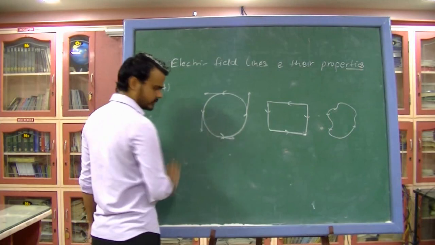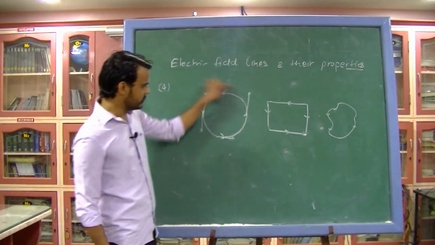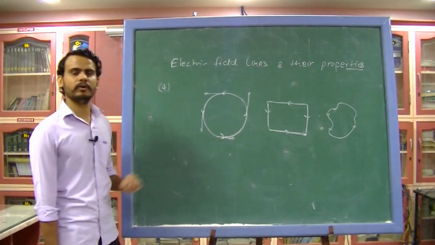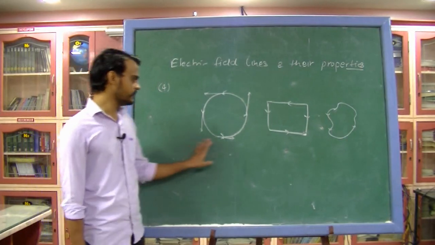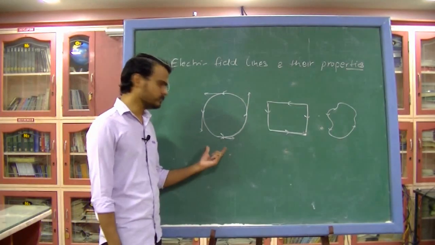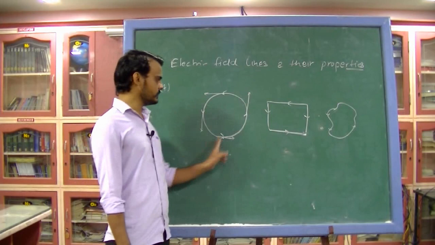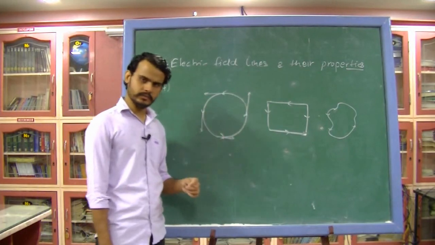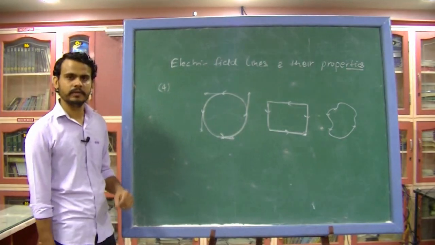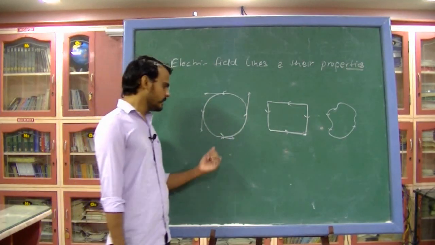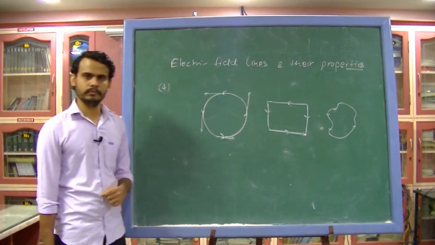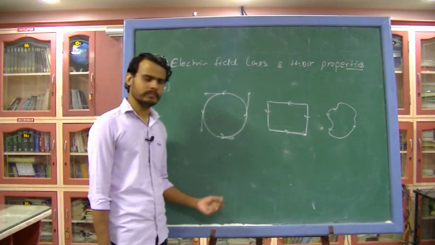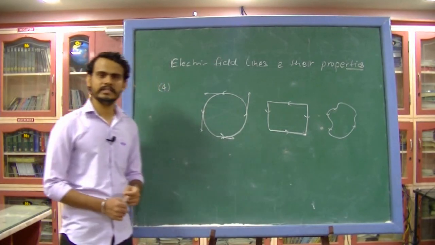And when you reach here, if you calculate, the total work done will not come out to be 0. So if electric field lines were to make a closed loop, the total work done in a closed loop would not be 0, and then electric field cannot be conservative. So electric field lines never make closed loops, because if they did, electric field would not be a conservative force.